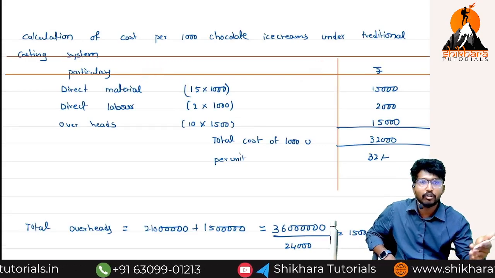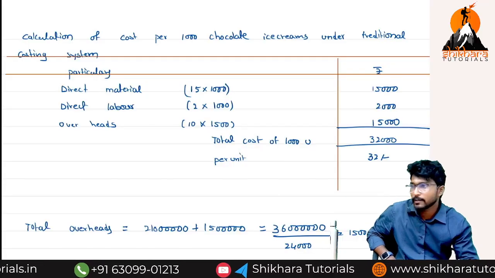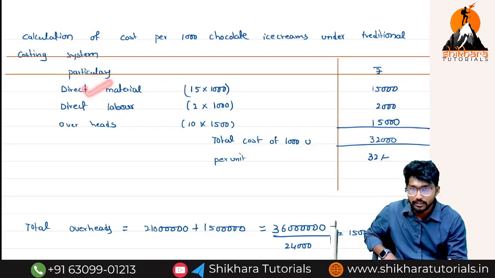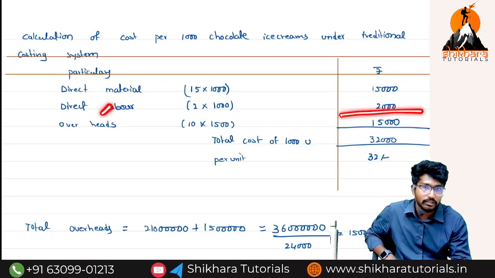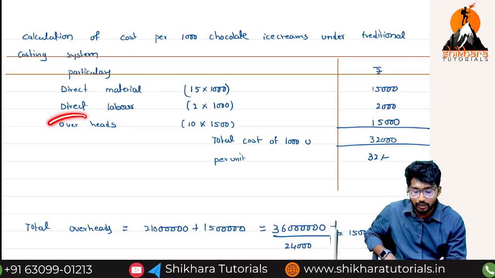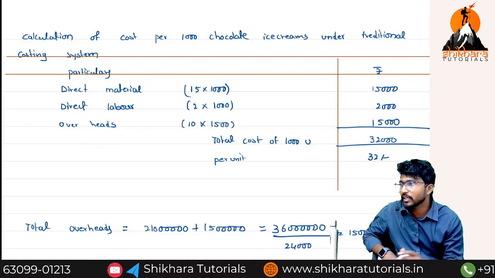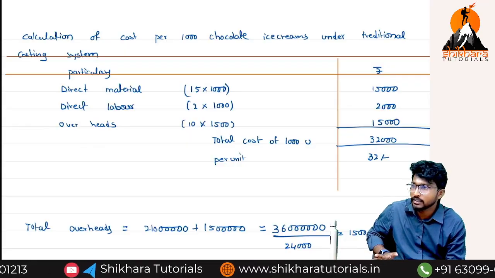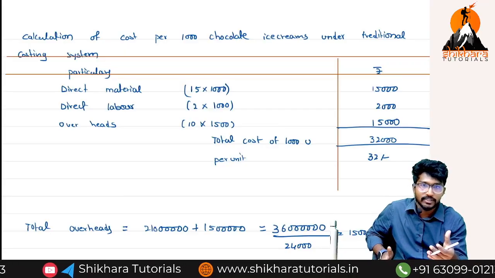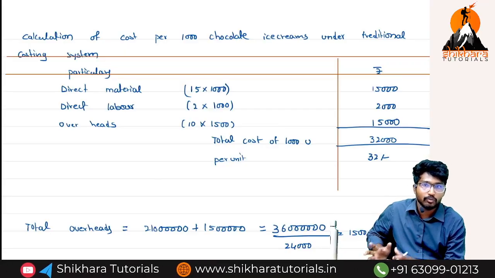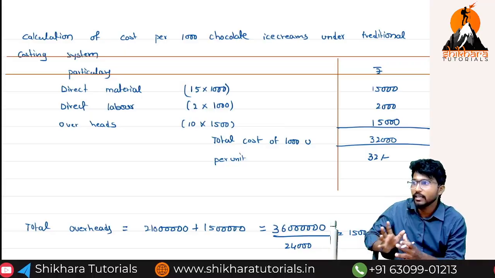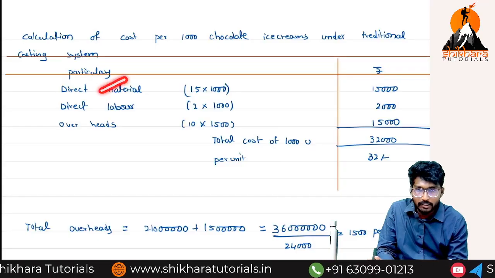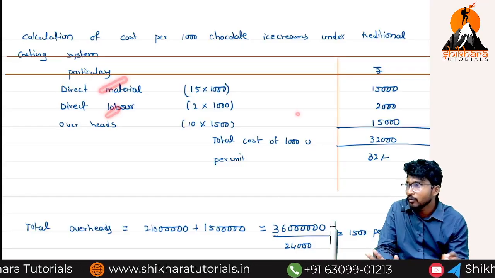First write down direct material, direct labor. You will get prime cost. After prime cost, add overheads. That's it. Don't segregate overheads. For the traditional costing system, all expenses are included under overheads.